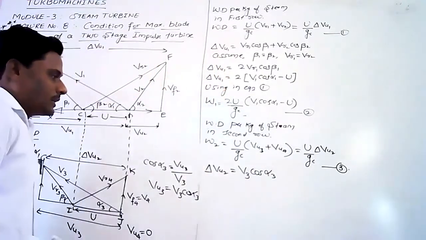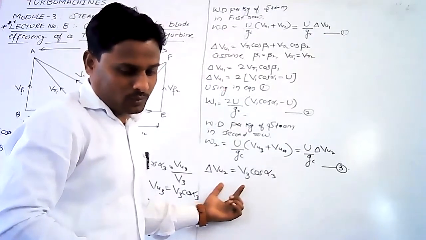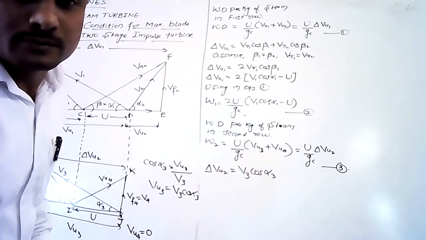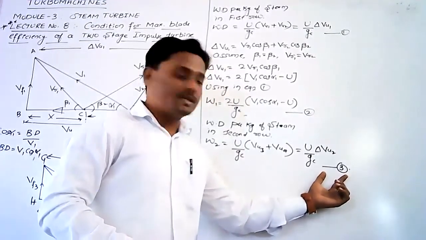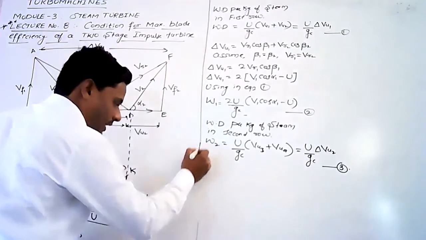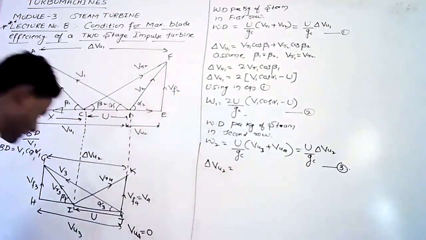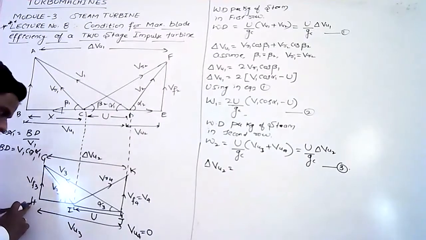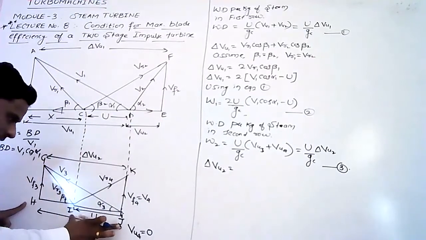Now V3 is equal to V2. Okay. Now after this step, just listen here carefully. This is delta VU2. How to write the delta VU2? Delta VU2 is nothing but the total base VU3, or the total distance between H to J. So this H to J can also be written as HI plus IJ.